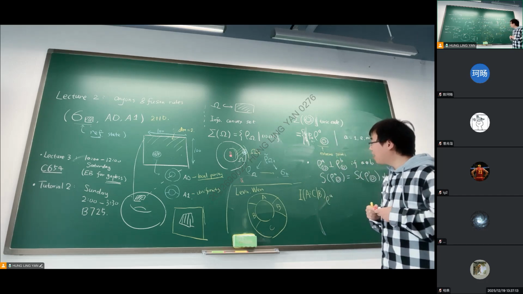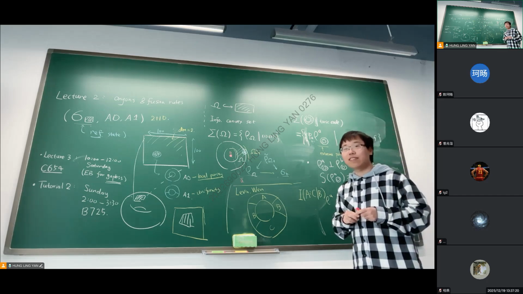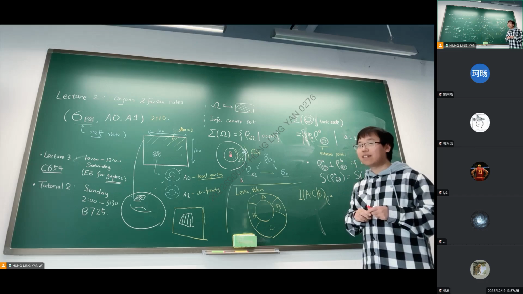I have a question. Suppose we put the entire (2+1)D model on a sphere, and I have a string line connecting A at the north pole and A bar at the south pole.